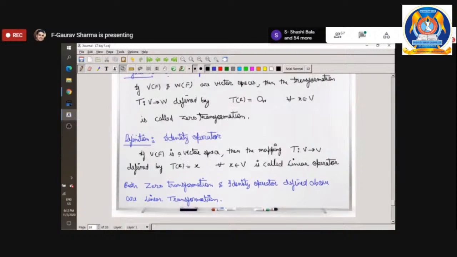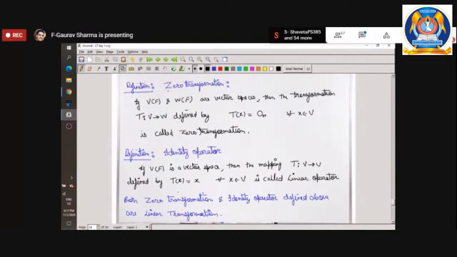If we check whether these are linear transformations or not, both are linear transformations. The zero transformation as well as the identity operator are both linear transformations. So you can do this by yourself. It is not a difficult task for you.